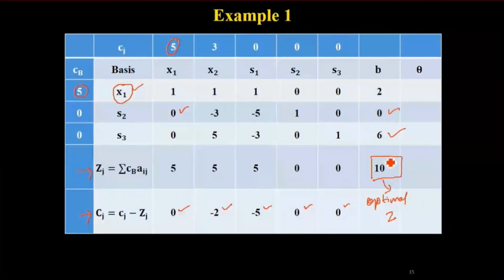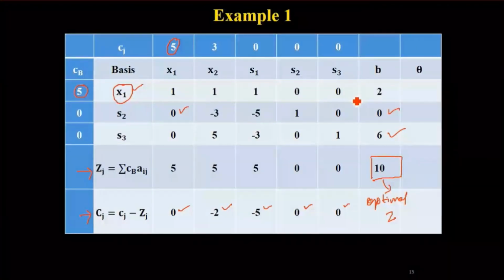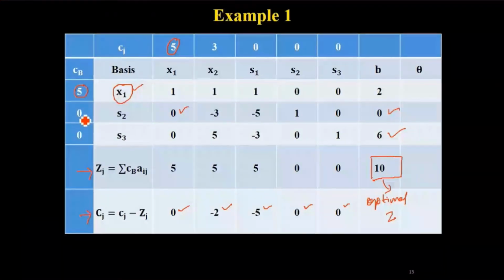And for what combination are you getting it? You see 5x1, where the value is 2, and 0 for S2, 0 for S3, 6, means you are getting 5 into 2 plus 3 into 0.